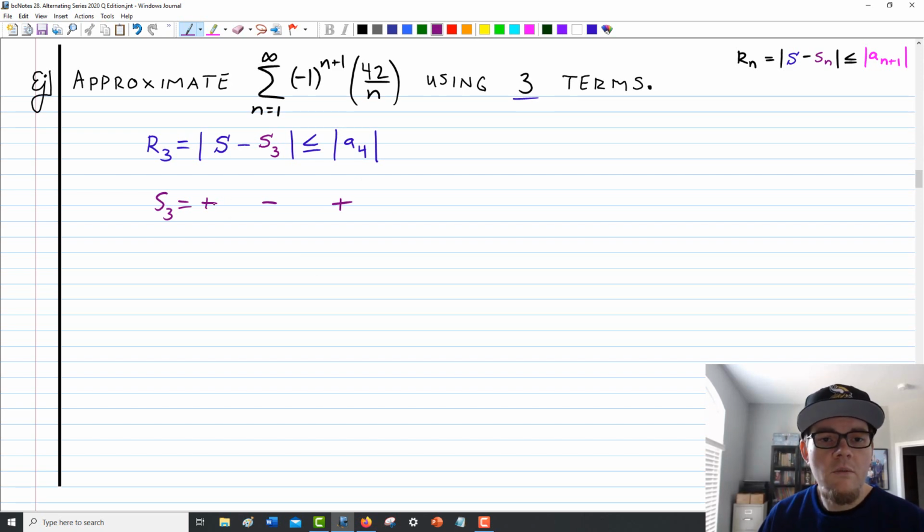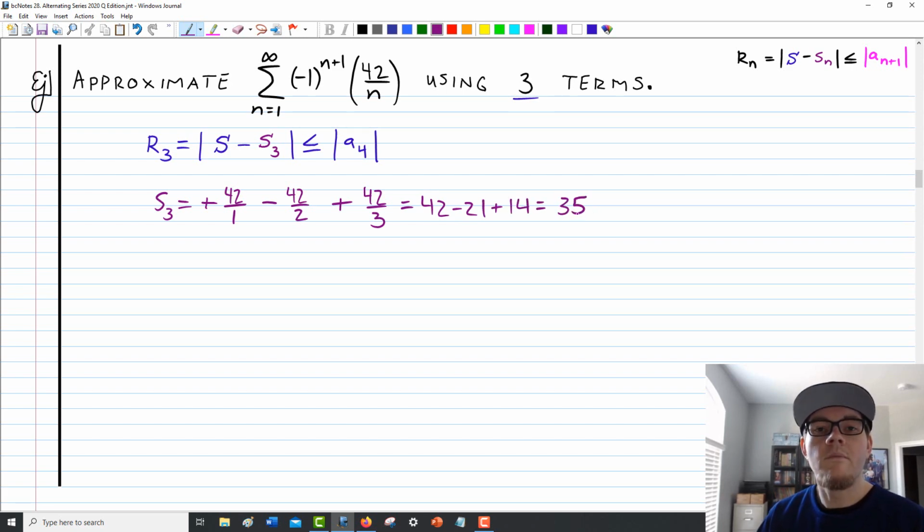So based on this information, we're starting positive. That will be 42 over 1. The next one will be 42 over 2. Then it will be 42 over 3. If I combine these things together, I get 42 minus 21 plus 14. That's equal to 35. So that means the sum of the first 3 terms is going to be equal to 35. So that's our partial sum.